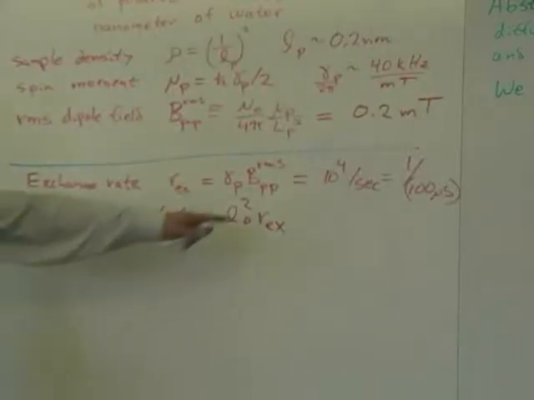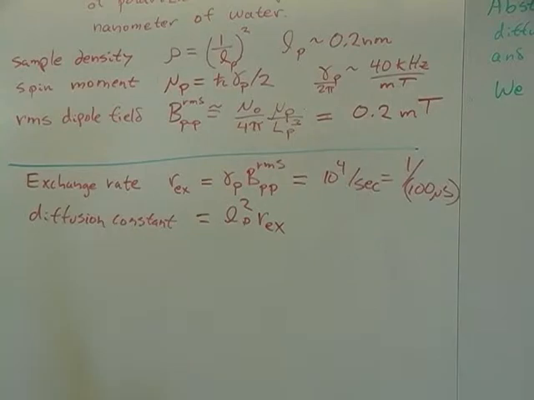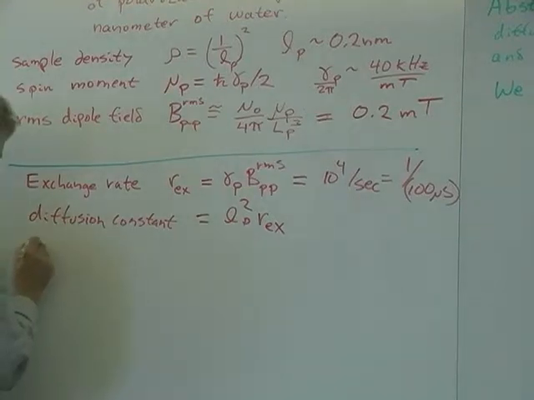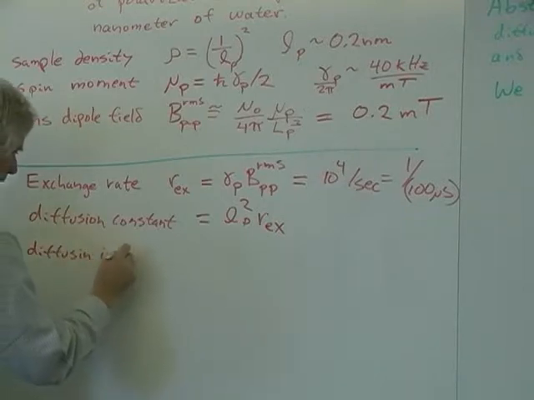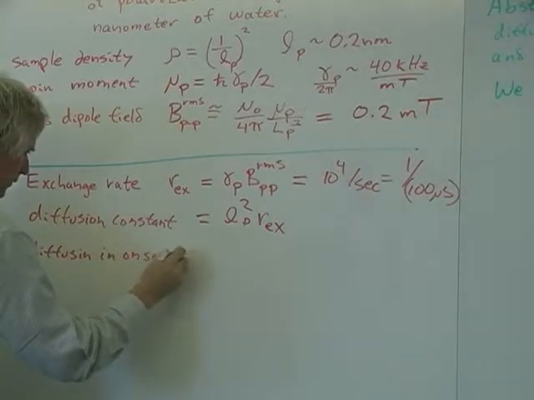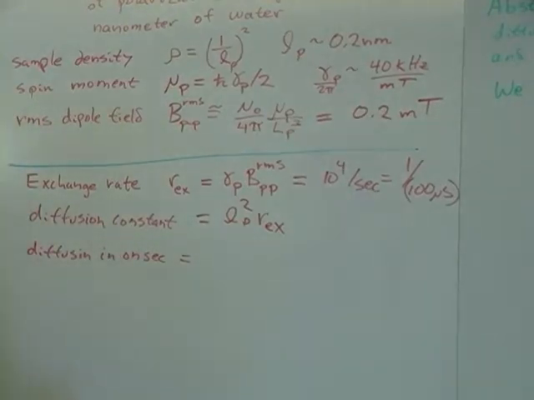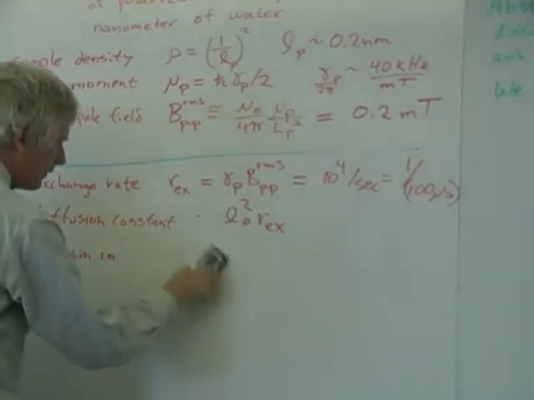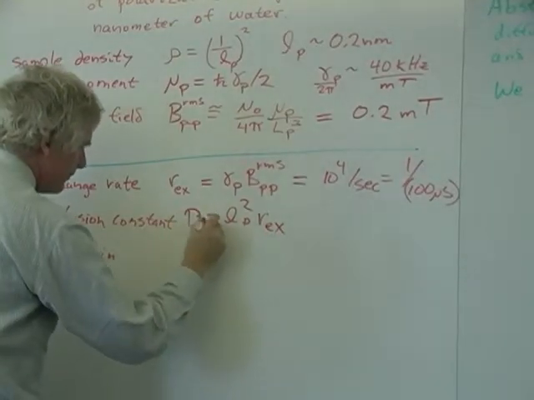We already know the relaxation is 10 to the 4 per second, and L squared is, well, let's just see how far things can go in 1 second. So the diffusion distance is going to be, and I'll call this D.